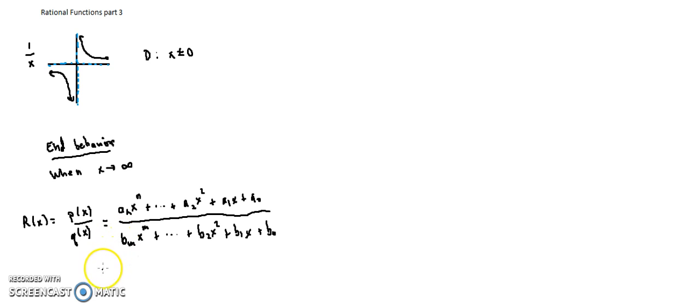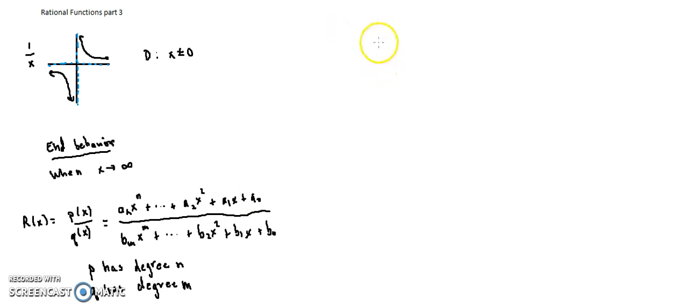Now remember degree. The degree is the largest exponent in the polynomial. So p has degree n, and q has degree m.